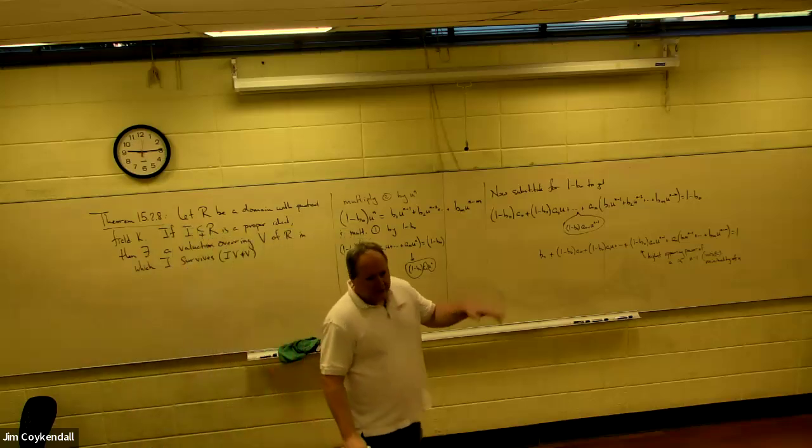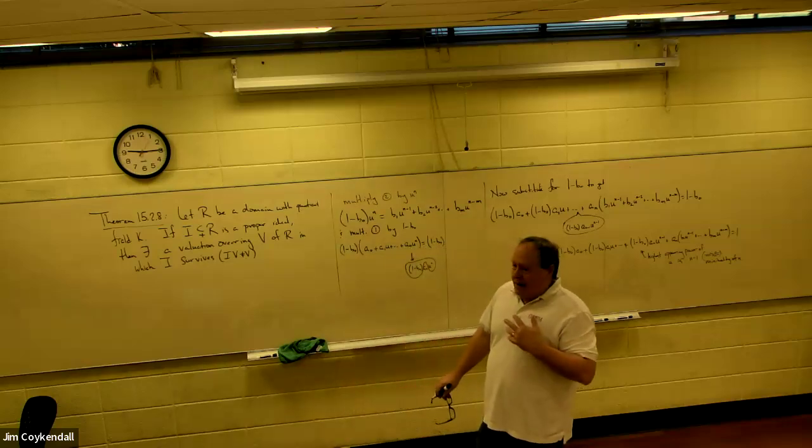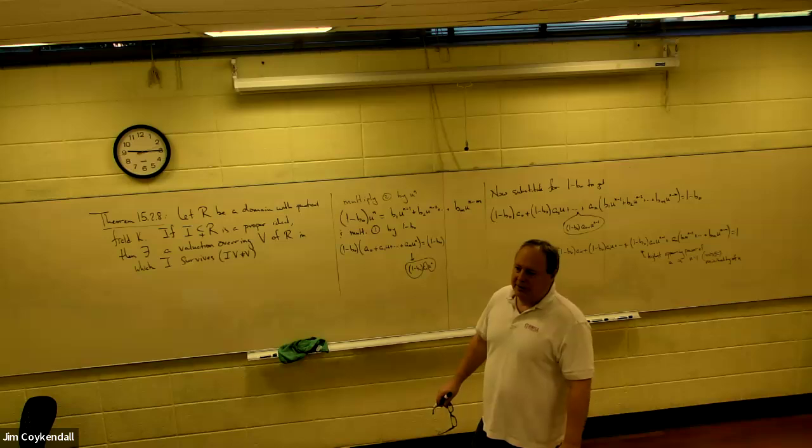So in other words, if I've got some proper ideal of any integral domain, then it's guaranteed to stay a proper ideal in at least one valuation overring, right?